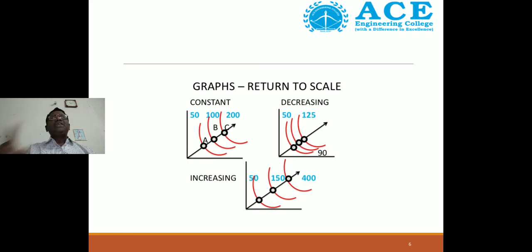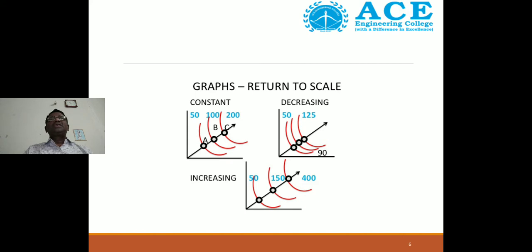All the proportionate differences 50, 100 and 200, A, B, C. The difference between them is similar. Whereas decreasing returns to scale means it is reducing, 50 to 90, 90 to 125.